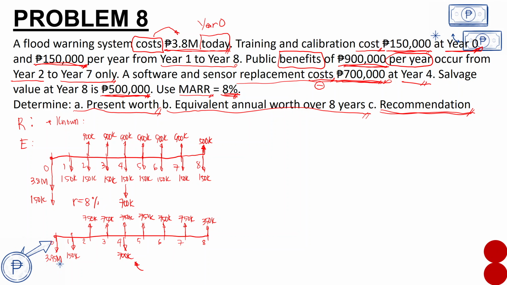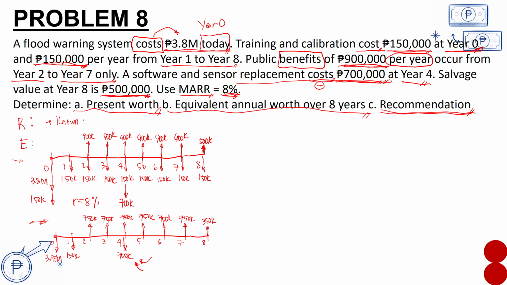The reason was that it would be easier next time to calculate the annuities up there. You may use the gross one, or you may use the net one, it is up to you. You may apply the 700,000 there so that the overall cash flow at year 4 will just be 50,000. You may use either way, but in the end we will arrive at the same answer.